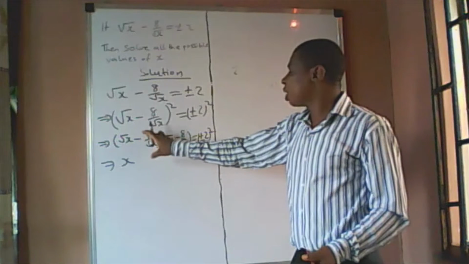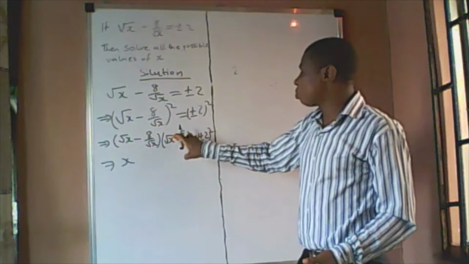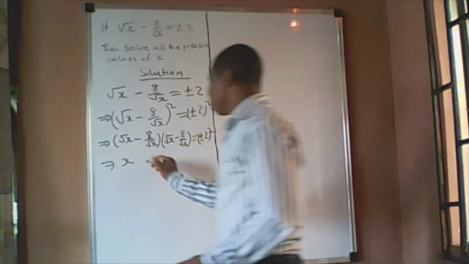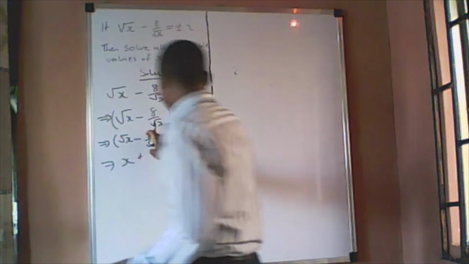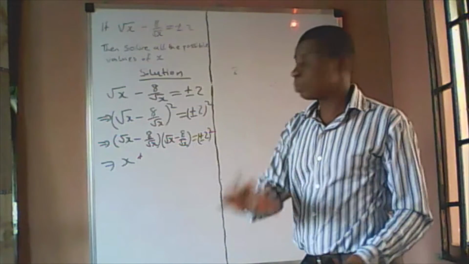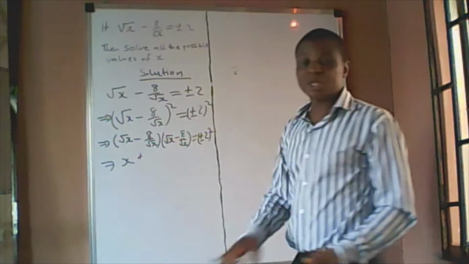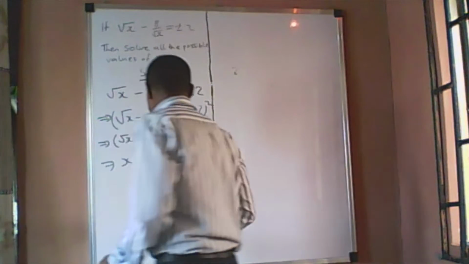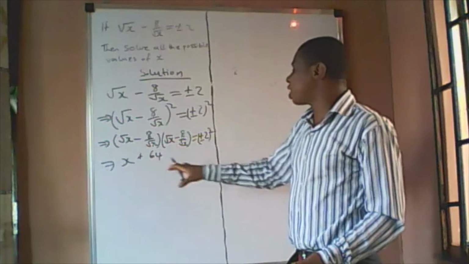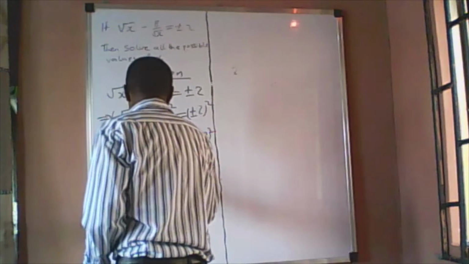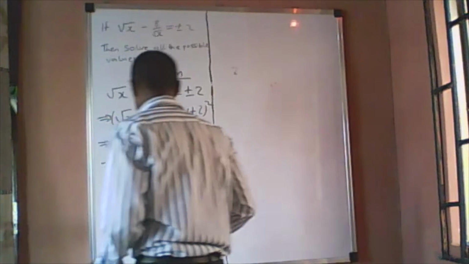Minus 8 over root x times minus 8 over root x will give us plus, because minus times minus will give us plus. 8 times 8 will give us 64. We write 64. Then root x times root x will give us x. So we have 64 over x.